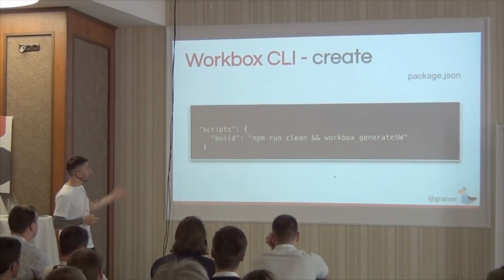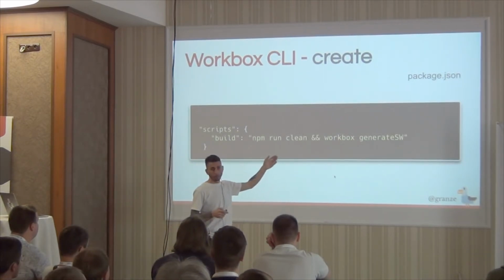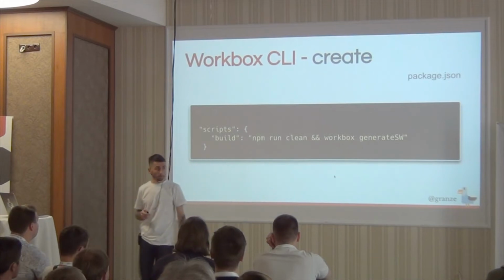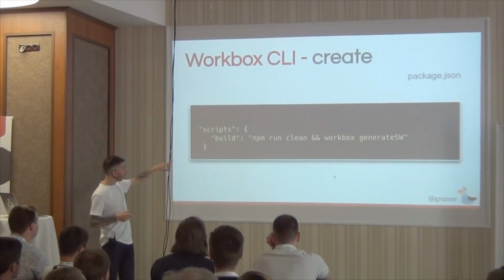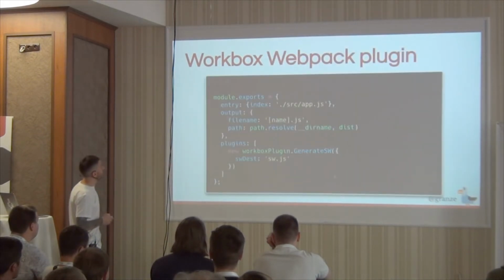And then in our script object, we just need to add our workbox generate SW script along with the other script we use for the build. So it's really nice and easy.